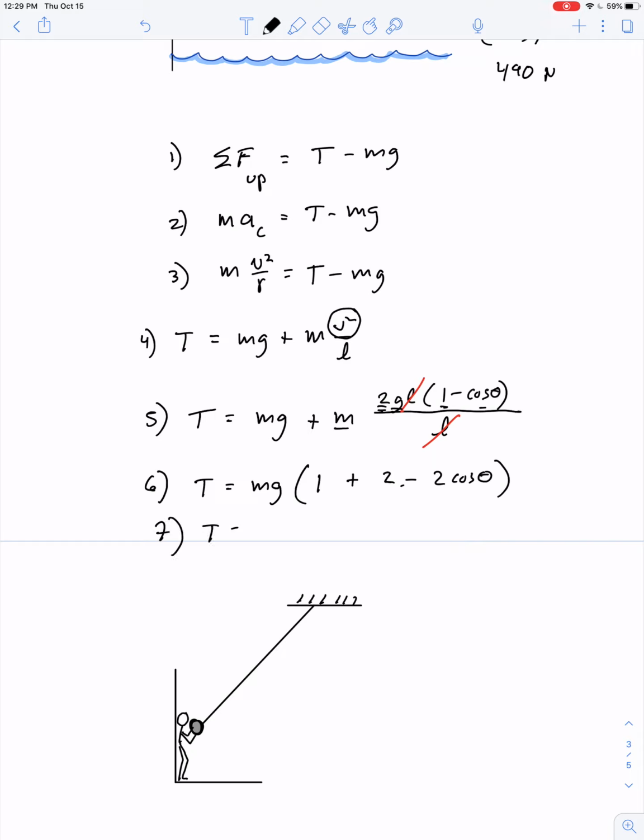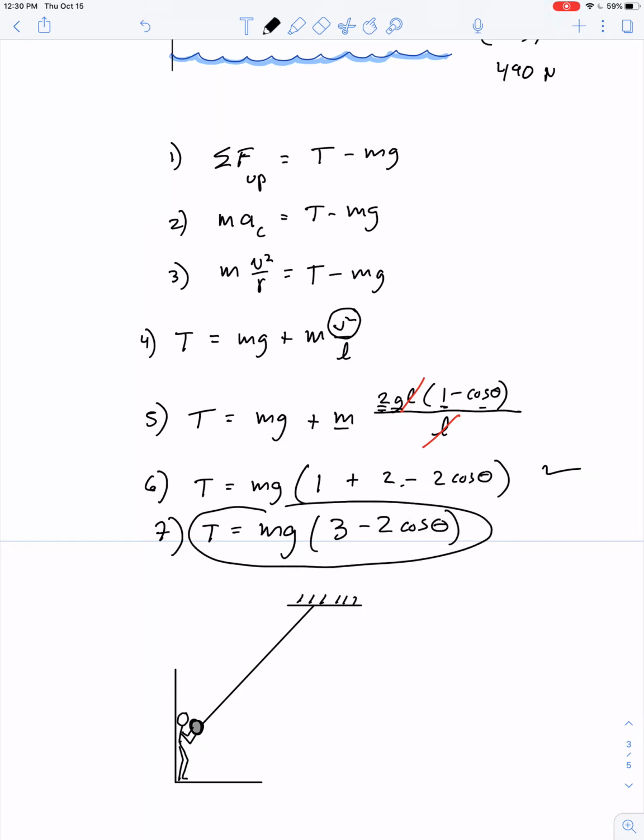Well, how about that? Curious to see what shows up in the comment sections of the video after that brilliant statement. T equals mg times the quantity 3 minus 2 cosine theta. There we go.